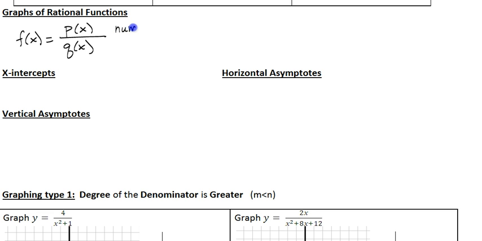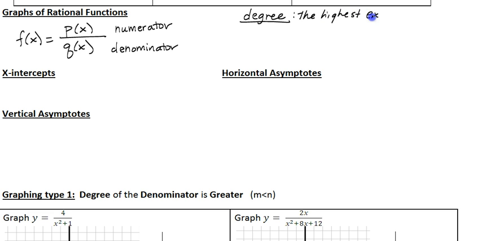Just a quick comment. The numerator is the top and the denominator is the bottom. So if you hear me say those words, that's what I mean. And when I'm looking at my polynomials, we'll be looking for something called the degree. And the degree of a polynomial is the largest or the highest exponent that you see.